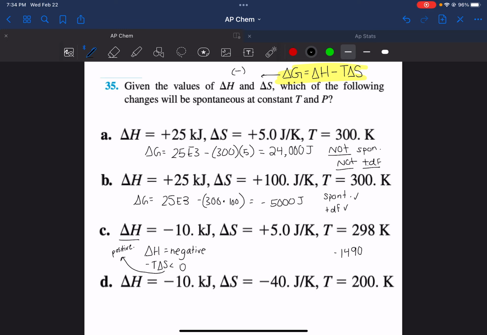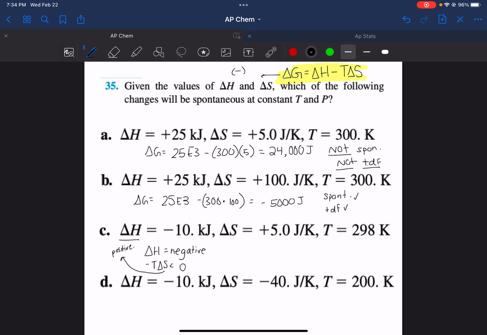Then 10 kilojoules, we're going to convert that to joules, so 10,000. And you see that even when you take away this whole term, it's still negative, which is what you want.